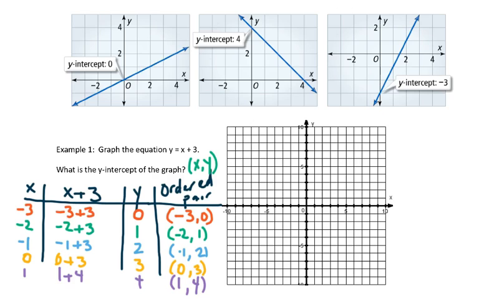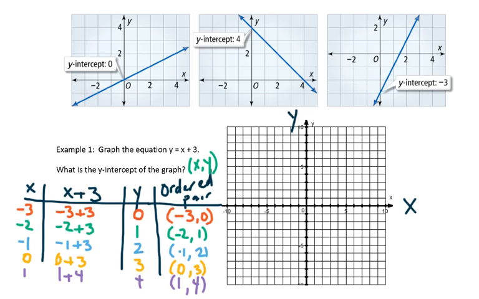All right, so now it's time to graph all of those ordered pairs. Now remember that the x value goes along the x-axis and the y value goes along the y-axis. So the point -3, 0 means I go -3 on my x value and 0 on my y value, so it's right there.